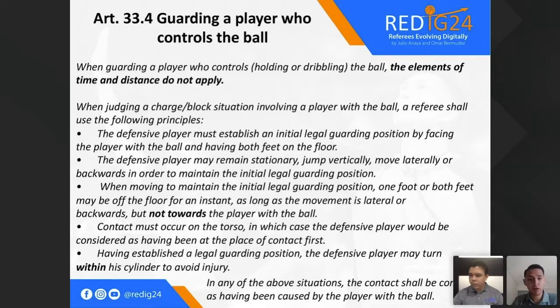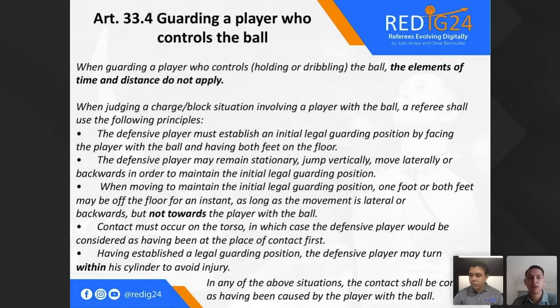First, the defensive player must establish an initial legal guarding position by facing the player with the ball and having both feet on the floor.